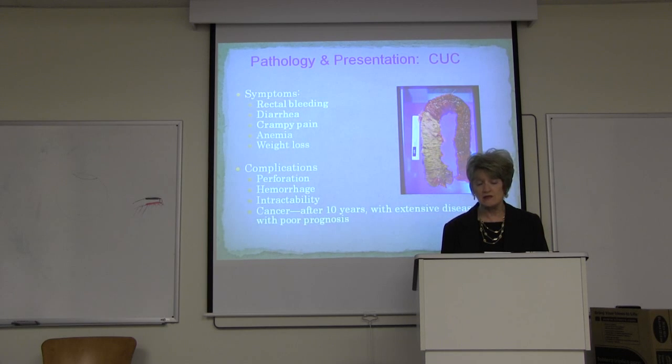And then with long-term ulcerative colitis, there's increased risk of cancer. So patients who have had ulcerative colitis for more than 10 years, especially if it involves more than half of the colon, are higher risk for cancer. They have to be screened carefully with colonoscopy and biopsy.